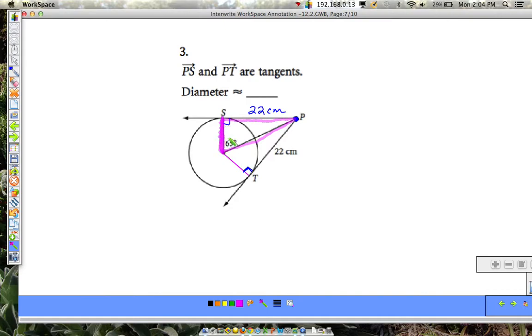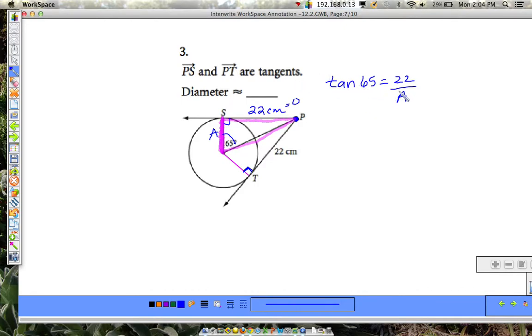Remember, you need a right triangle. So I'm going to mark my angle because I have one angle and a side. I can solve for the missing side. So 22, that's my opposite side, and S to the center, that's my adjacent side. So opposite and adjacent, that's tangent. So tangent of 65 is going to equal opposite 22 over A.